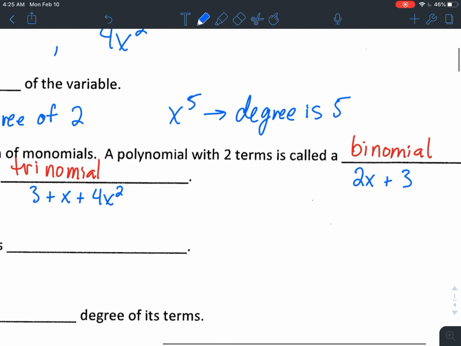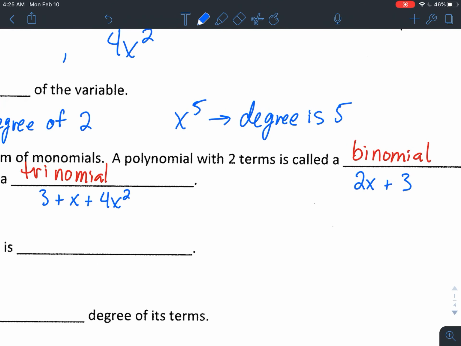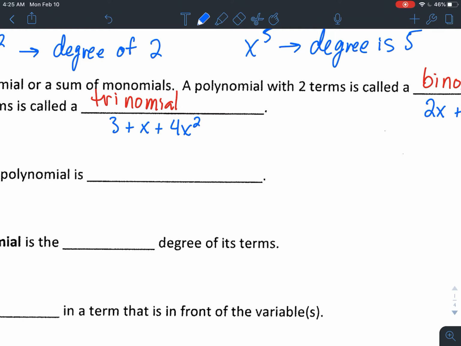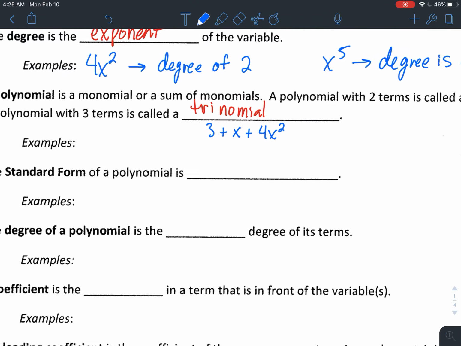So here with both of these, all of my terms have a different degree, so a different variable and or a different variable's power. So that's why I can say, yes, 2x plus 3 is a binomial, 3 plus x plus 4x squared is a trinomial, because each of those three terms has a unique degree.